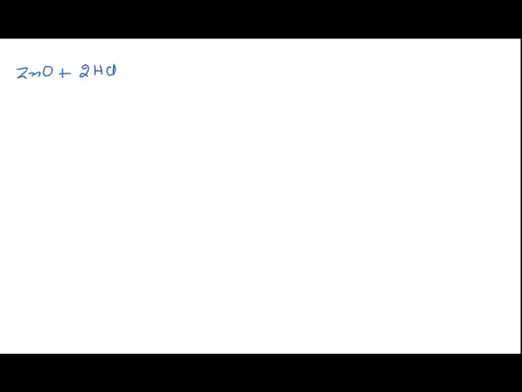And it would be forming a salt. Can you tell me the formula of the salt it will be forming? It will be forming ZnCl2 plus H2O. This is zinc chloride, a salt, and water.